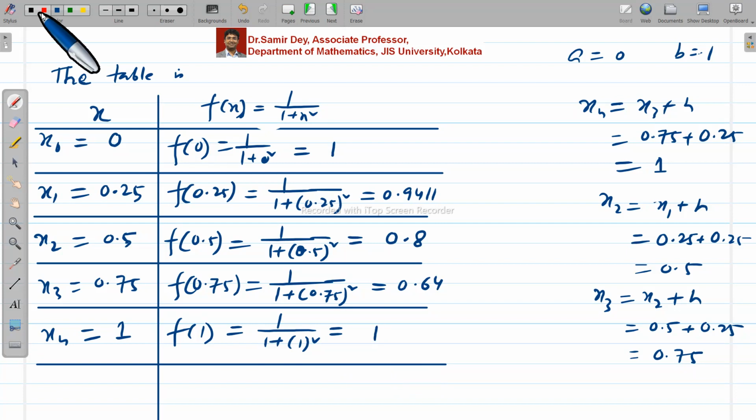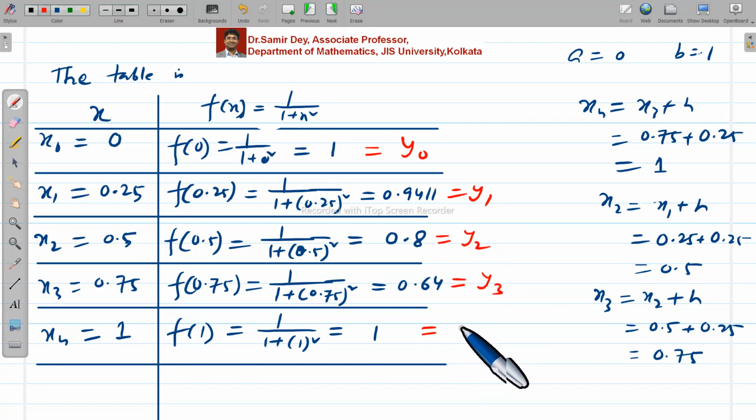Okay, so first you need to write down this is your y0, this is your y1, this is your y2, this is your y3, and this is your y4. You already know the formula based on your y0, y1, y2 and y4 and so on. So this table is very important after calculation. I think the calculation part is clear to all of you. Whatever the x value you have, you need to substitute by this value.